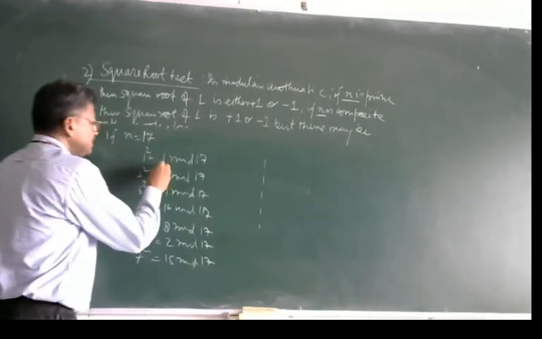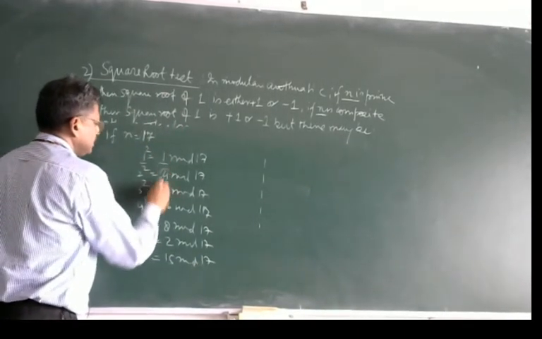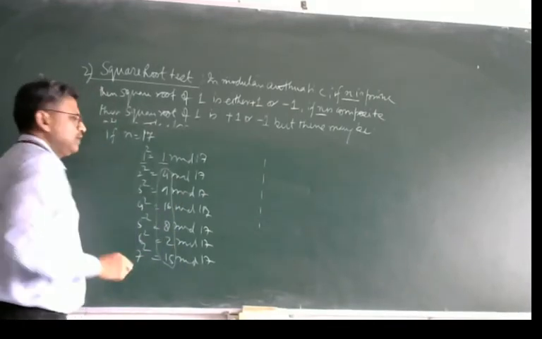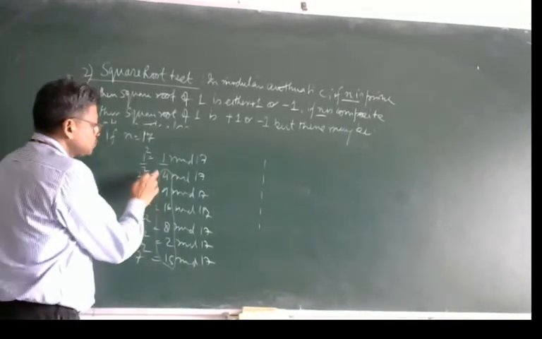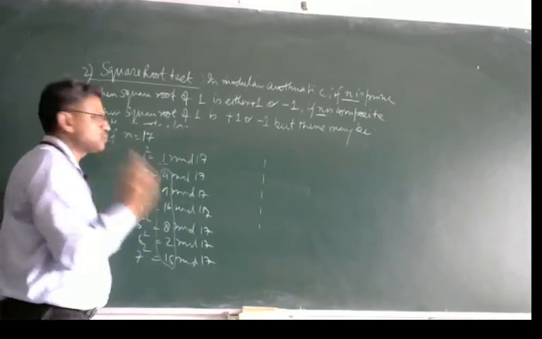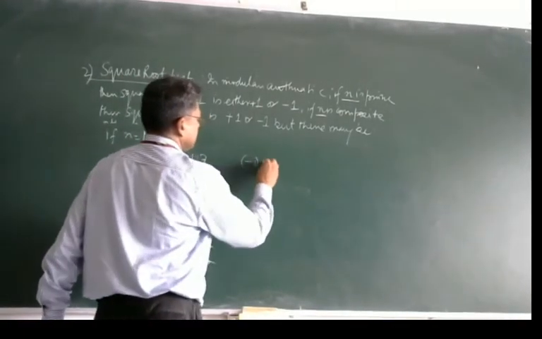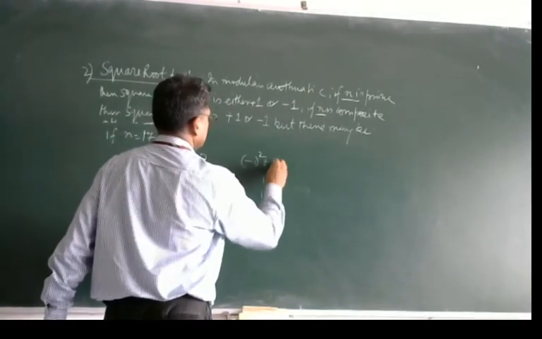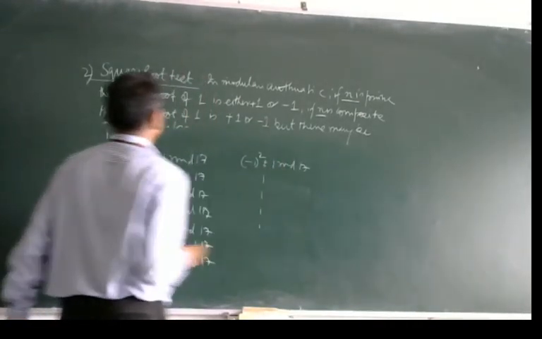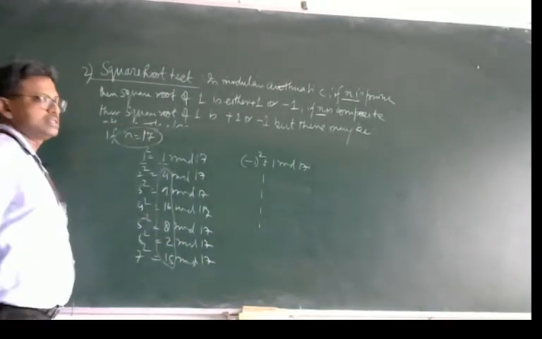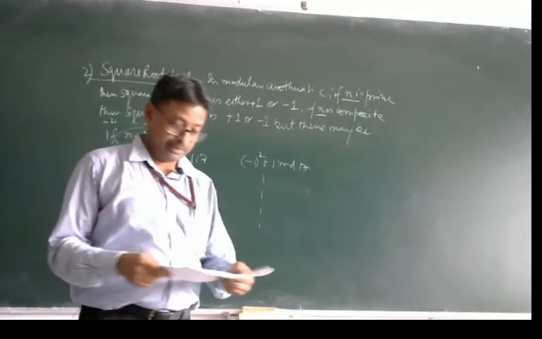So no value besides 1 is giving 1. Every value is different. So when we take the square root of 1, it is only plus 1 or minus 1. So in that case we will say that n is equal to 17 is a prime number.